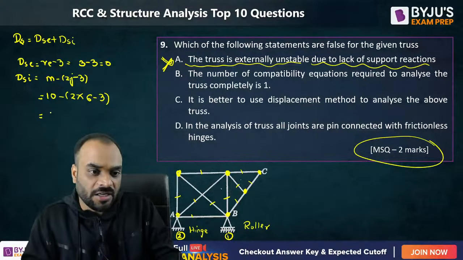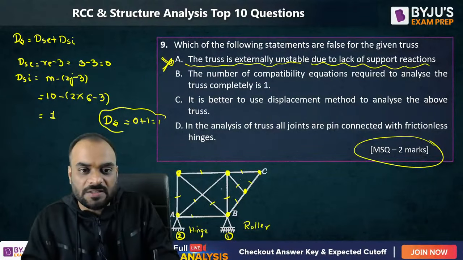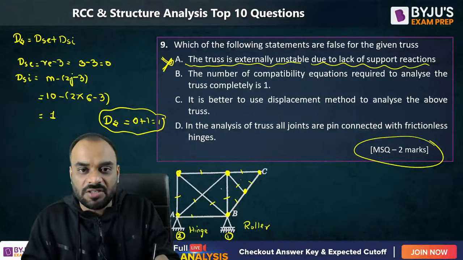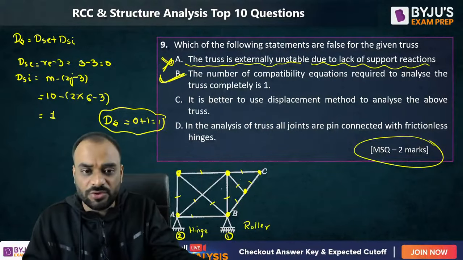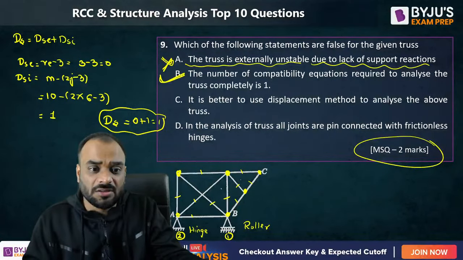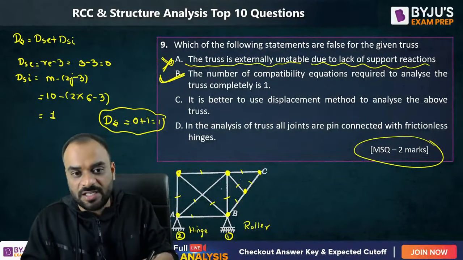So basically DSI is equal to 1. If DSI is 1, DSE is 0, so 0 plus 1 is equal to 1. That means the number of compatibility equations required to analyze the truss is 1. We know that, right? Because the number of unknowns is equal to the number of compatibility equations required. So statement B is correct.